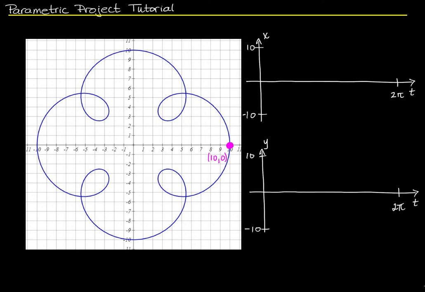So when I get there, my y graph will go up as far as, I'll do it over here, 10, and it comes down and up and down and up and down. It only gets down to negative 10. So those are the most extreme values. I know I'll be able to graph the whole thing within that range of values. All right. Now, again, I'm starting at x equals 10 when t equals 0.